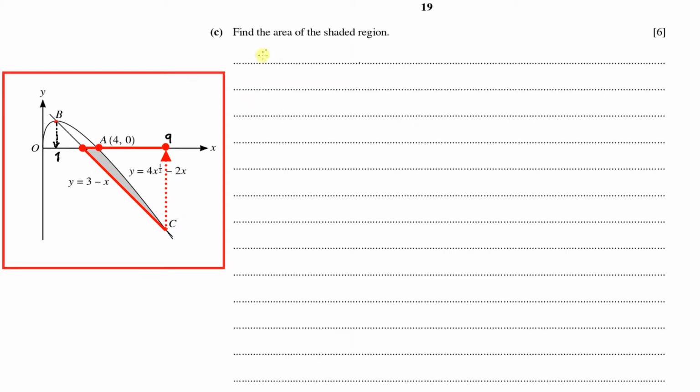So let's start with the area of the triangle. We can use the formula half times the base times the height. Since it's on the x-axis, we can set y to 0 and say 0 is equal to 3 minus x. So the x-coordinate here should come out as 3. So the length of the base will be 9 minus 3, that's 6.